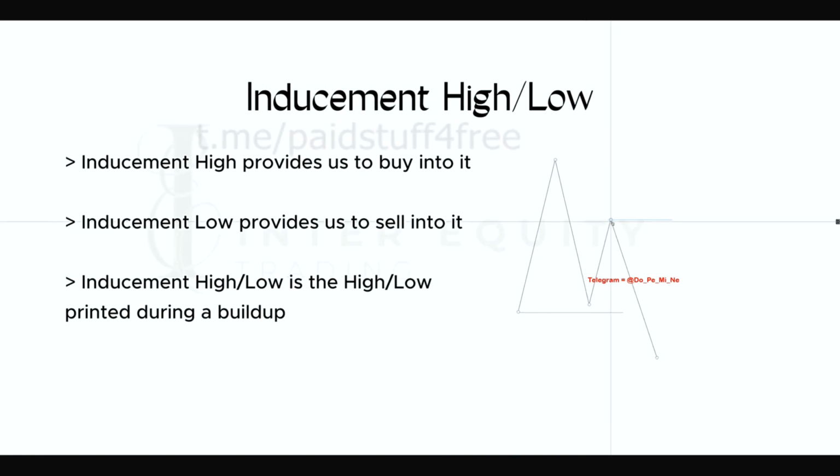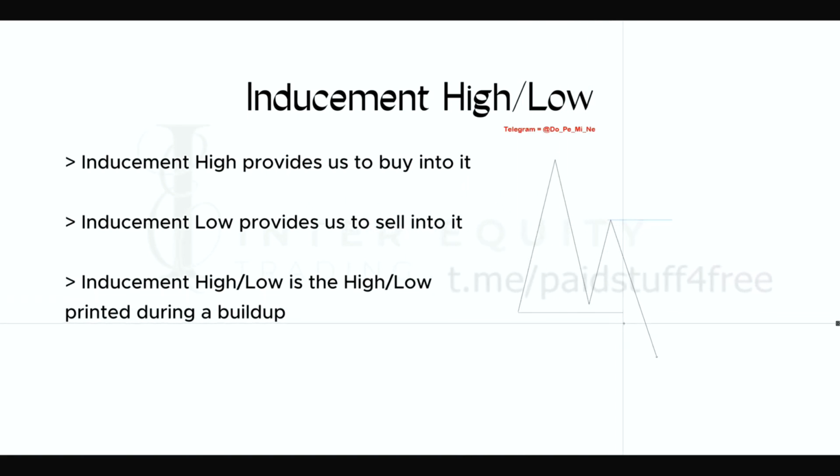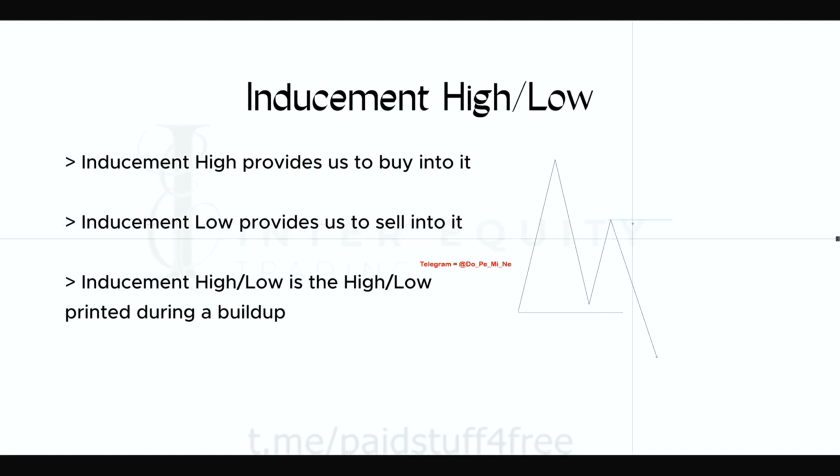So when the market has this buildup that occurs, and then after the buildup, once the lows are swept, or once the buildup is cleared, the high or the low that was printed during that buildup is your inducement high or your inducement low. Okay, so this right here is your inducement high. Okay, so what you can do is look for entries towards that inducement high.